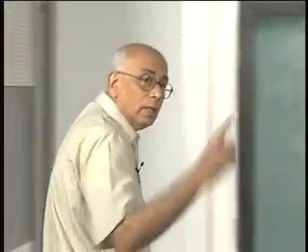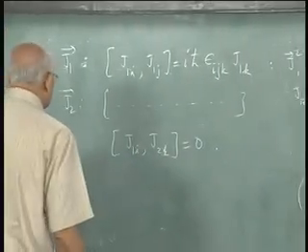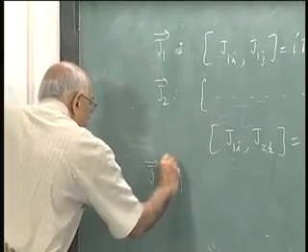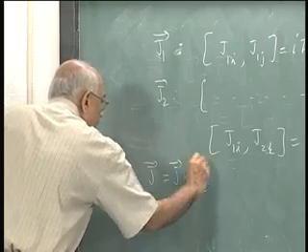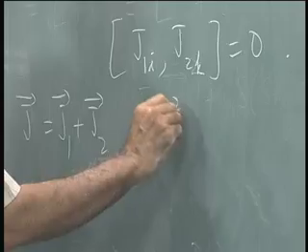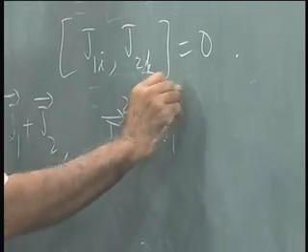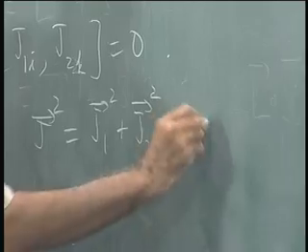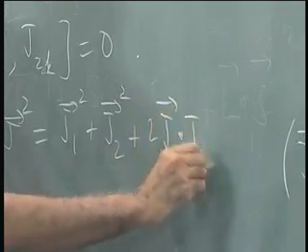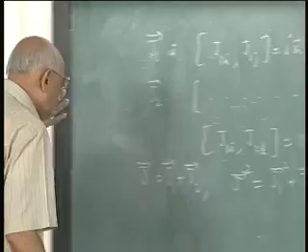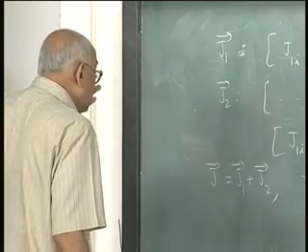I can find another set of mutually commuting observables, which is the following. If J is j1 plus j2, then J squared equals j1 squared plus j2 squared plus twice j1 dot j2, again because j1 and j2 commute with each other, so it does not matter what order I write them in.